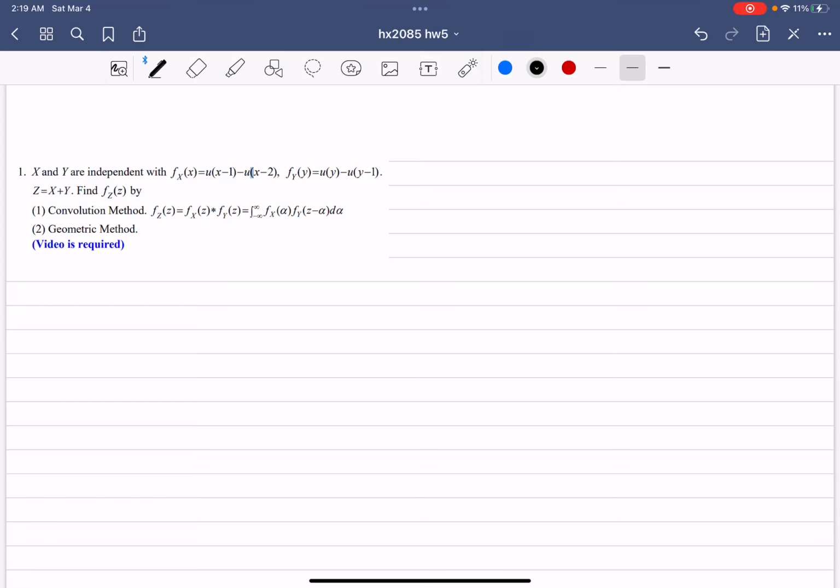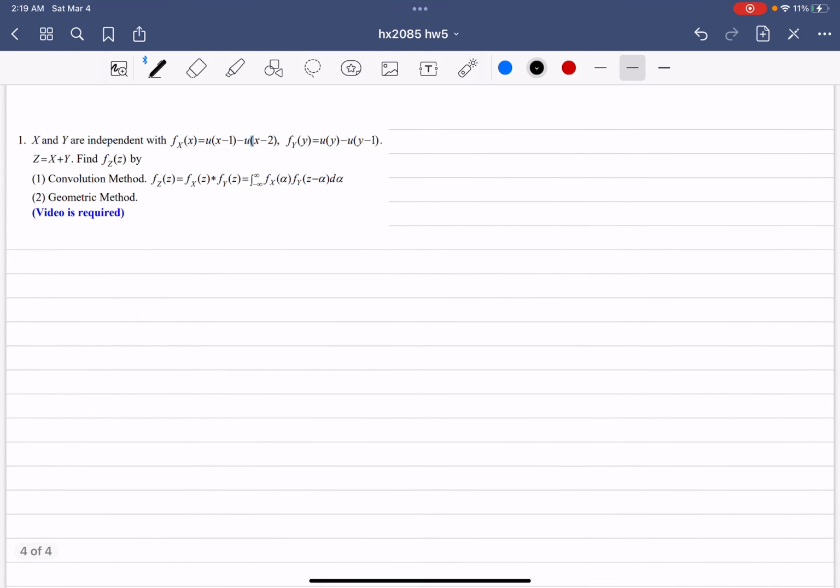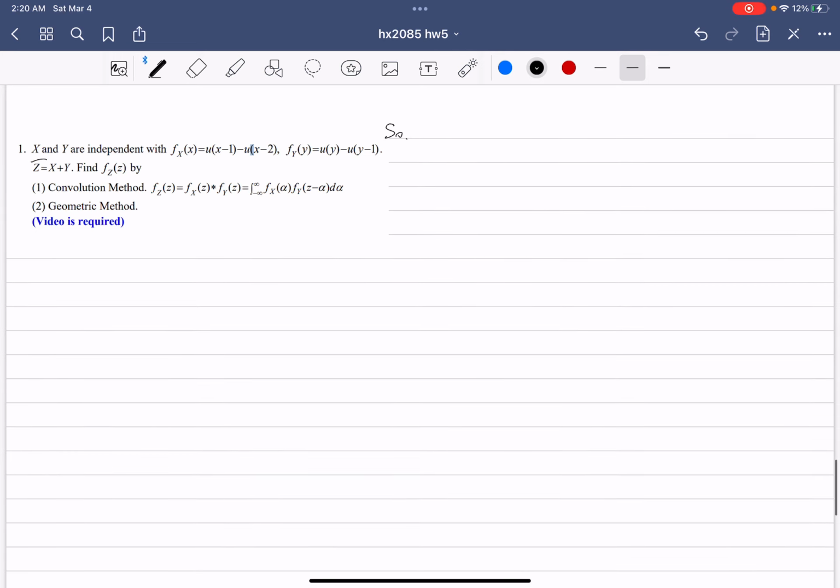Hi, I'm Hw5q1. Now I'm doing the video explanation for question 1 of homework 5. We know that x and y are independent with density function like this, and fy, the probability density function of y, is this, and z equals x plus y.